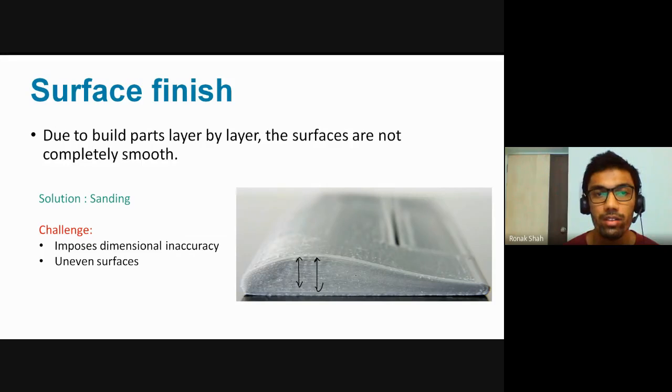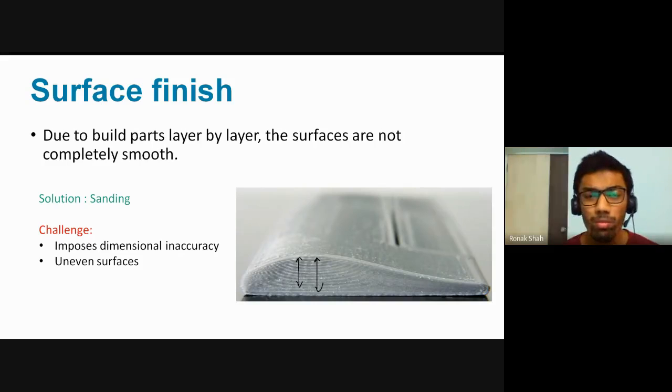Whatever method you use, SLA, FDM or SLS, this is going to be a common problem. The only solution is to create a slightly oversized object and sand it. You take some sandpaper, rub and remove the material so that it appears uniform and a smooth finish is obtained.